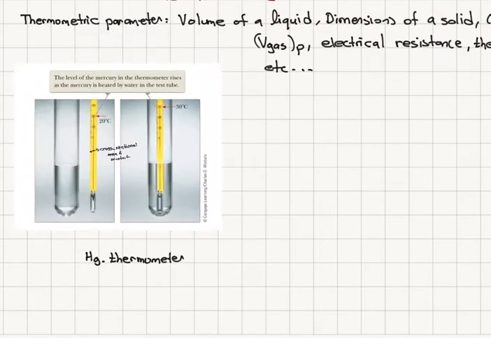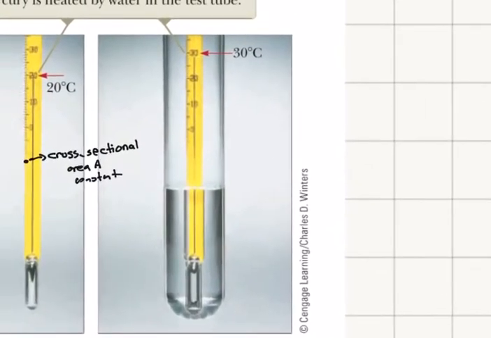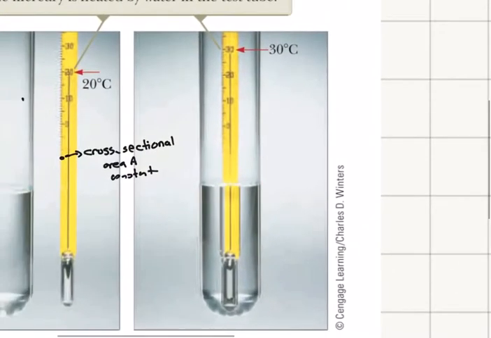Therefore, we find that it's the column of the mercury that varies with temperature. So it's the volume as a function of temperature we can use, but because the area is a constant, that implies it's the height of the mercury.